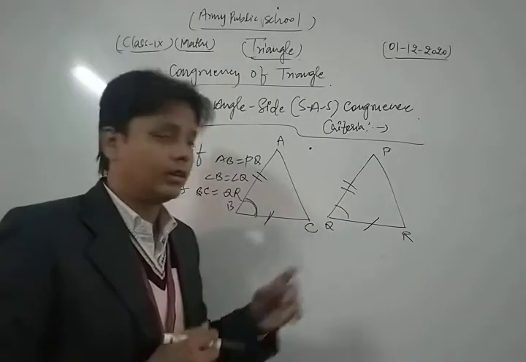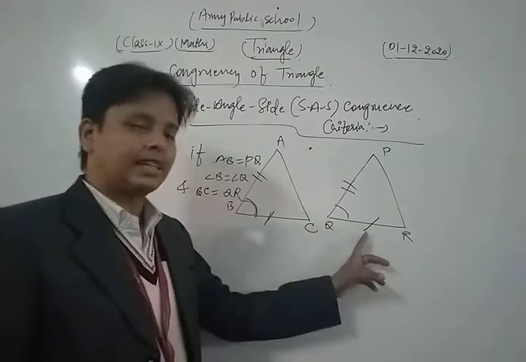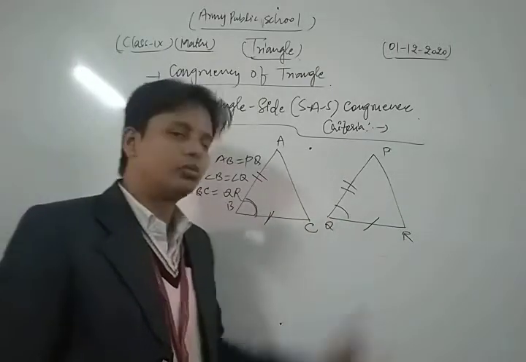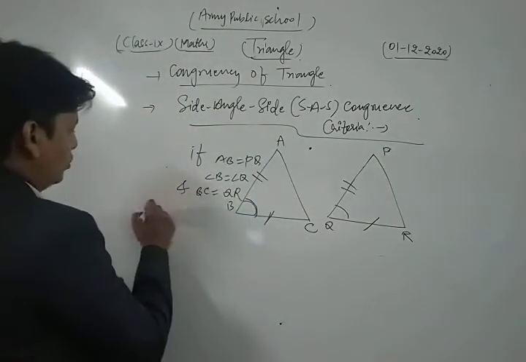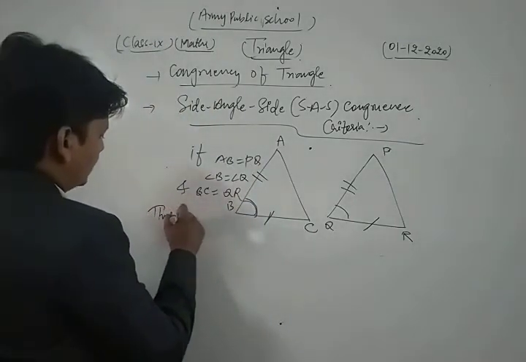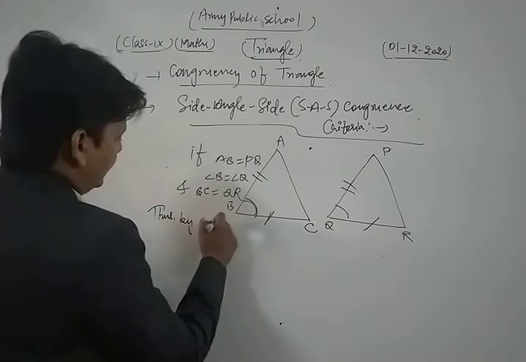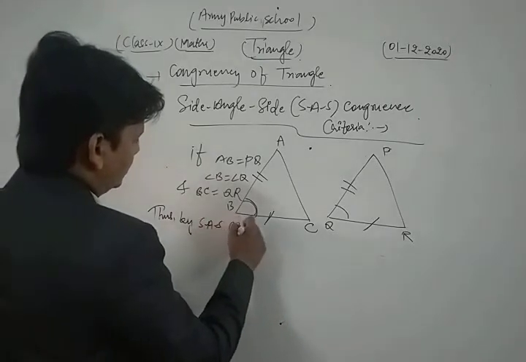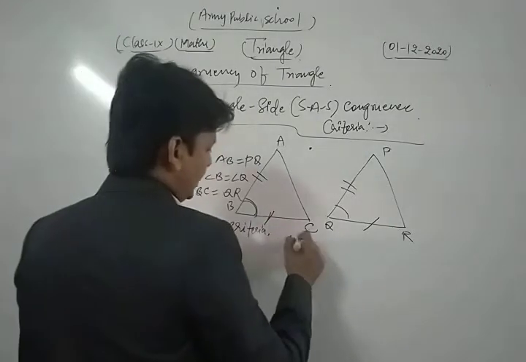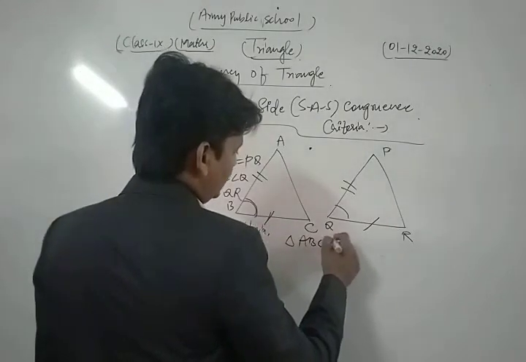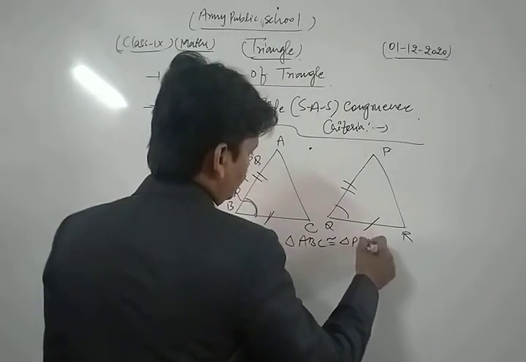Thus, their two corresponding sides and the angle included between them are equal. Thus, by the SAS rule, by the side angle side criteria, triangle ABC is congruent to triangle PQR.